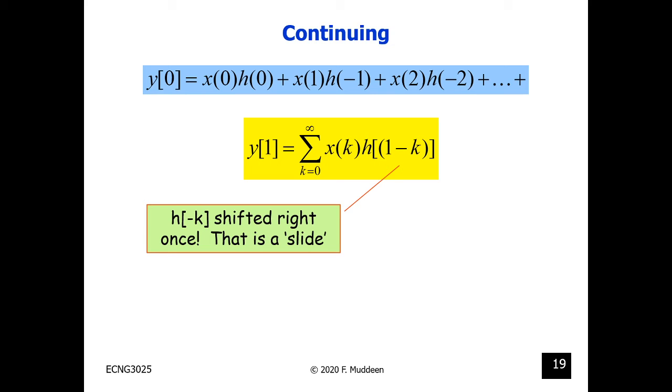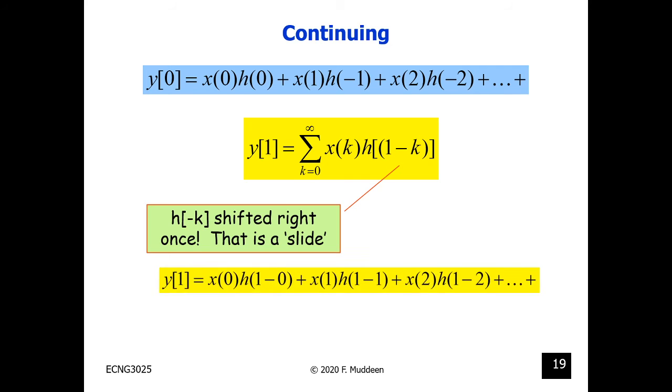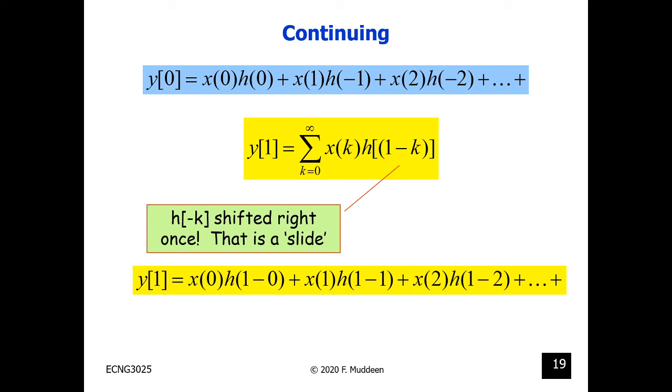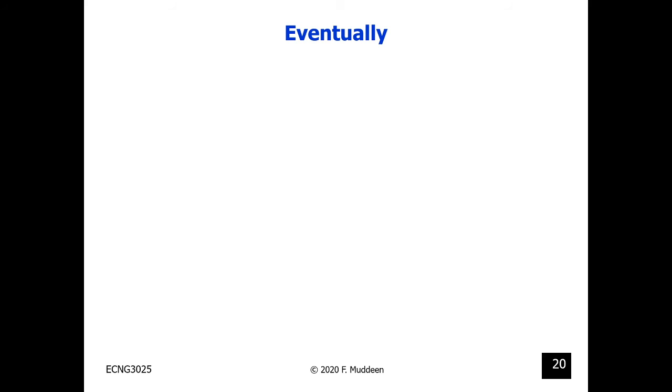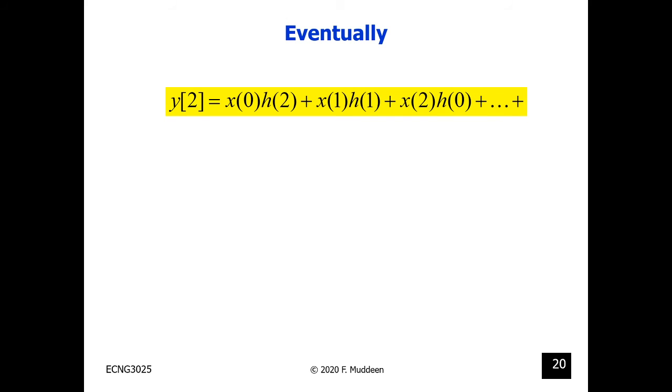So this is if we flip the signal using h of minus k and then we shift it to the right once because of this 1 property. So as such, y of 1 ends up being x0 h1, x1 h0, x2 h of minus 1, and so forth as we keep on going. Eventually we can do the same thing to solve for y of 2, y of 3, y of 4, and y of 5.